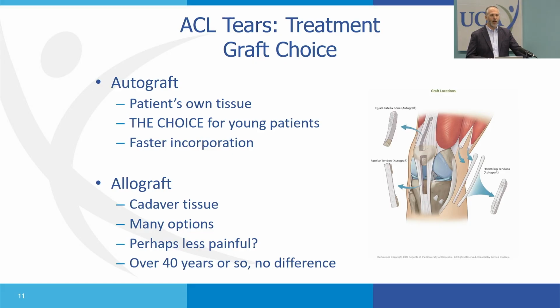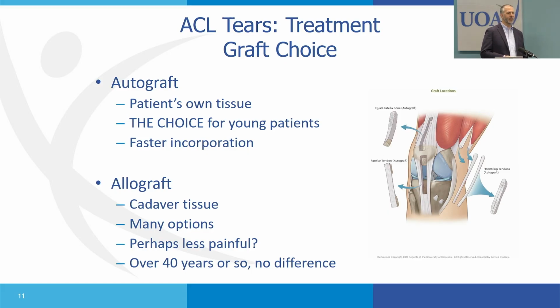As with many things, the pendulum does swing back and forth, and there was a big push towards a faster recovery and less pain with cadaver graft for young athletes, probably 20 or so years ago. But we saw the failure rates for that, and in general, the failure rate for an adolescent athlete who has a cadaver tendon is about 40%. That's just not something that we should be doing. And so I'd strongly encourage the use of autograft tissue.